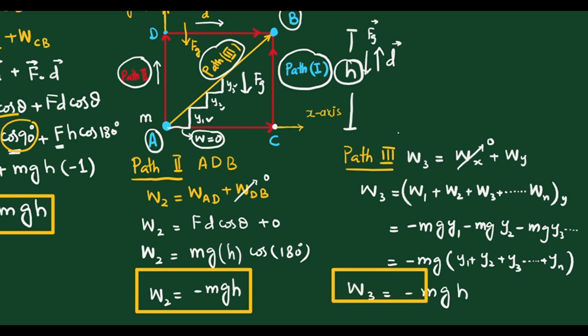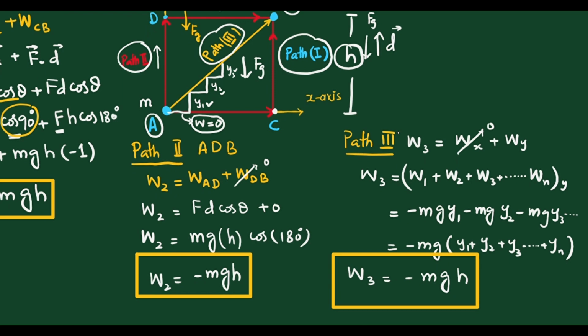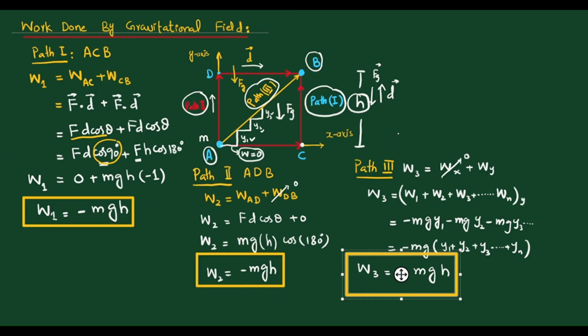From equation 1, equation 2 and equation 3, we have concluded that the work done by a vector in a gravitational field is path independent and is minus mgh.